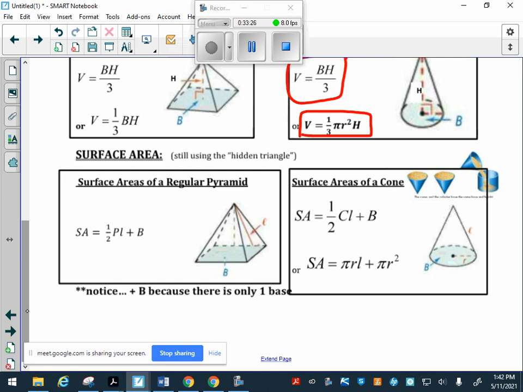You see it? This length is the same length that wraps around that pentagon. So PH is really finding the area of this rectangle, and then plus 2B. Makes sense, right? Okay.